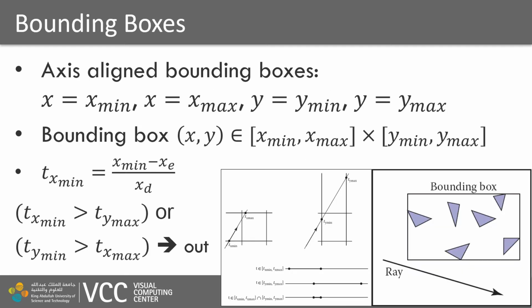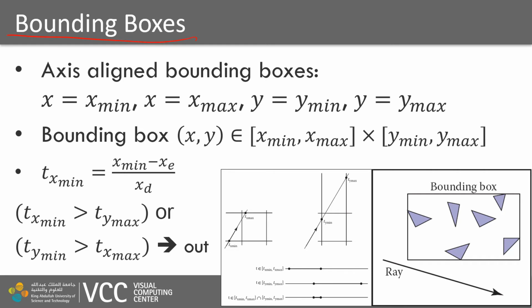So our scene can be organized in such a way that we are clustering or organizing our graphical elements or geometric elements into some sets that are enclosed in a representation that is easy to compute, such as, for example, bounding boxes.